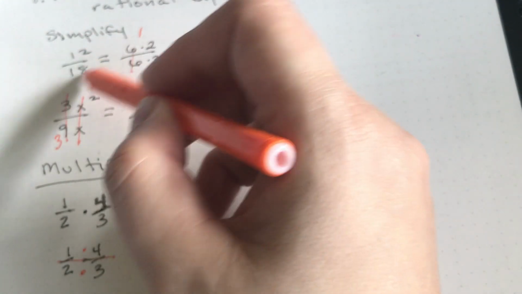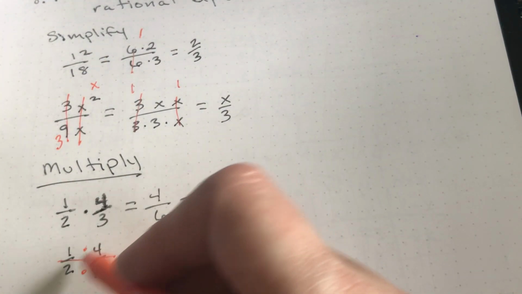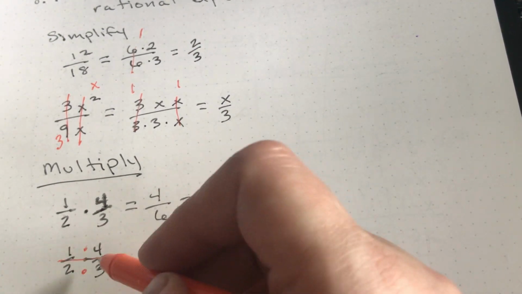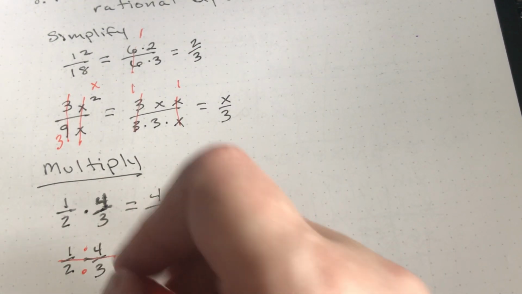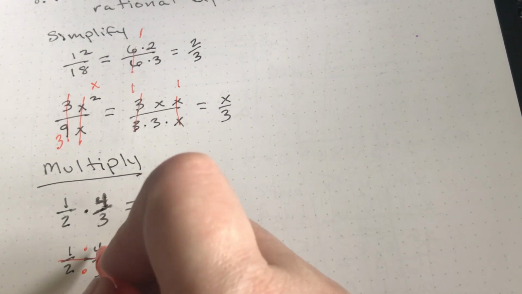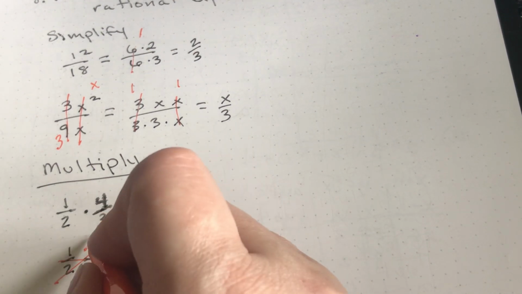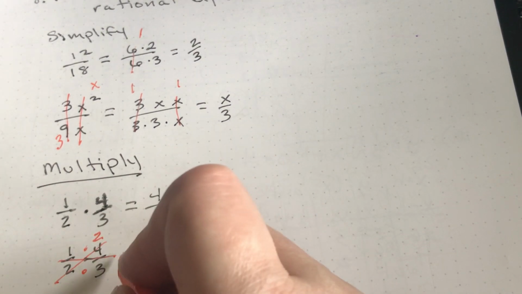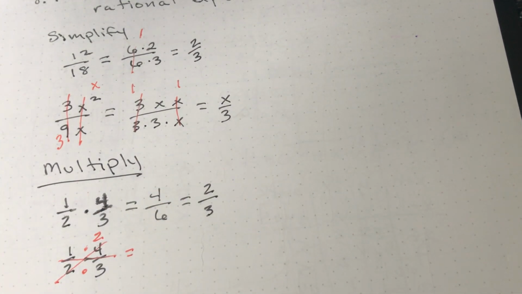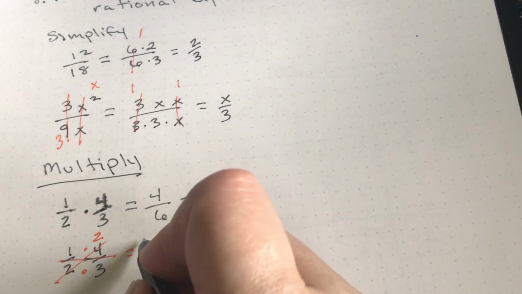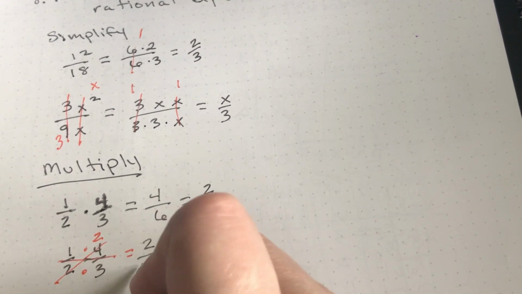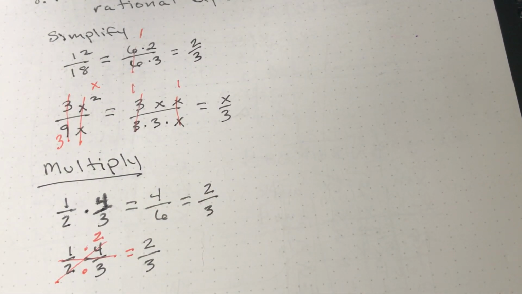So here I just simplified within a fraction, but here I could simplify tops and bottoms across the two fractions. So if I think about 4 divided by 2, well, that's just 2. So now I have 1 times 2 is 2, and this is 3, 2/3. Okay.